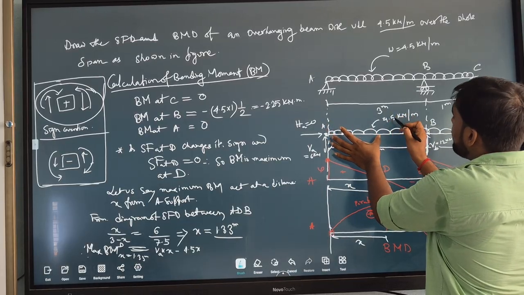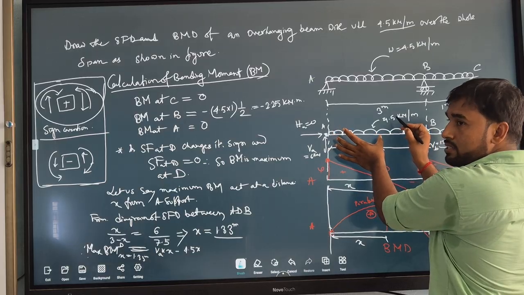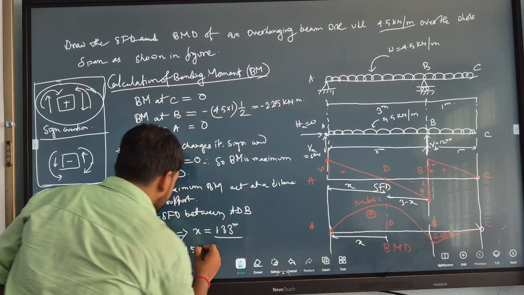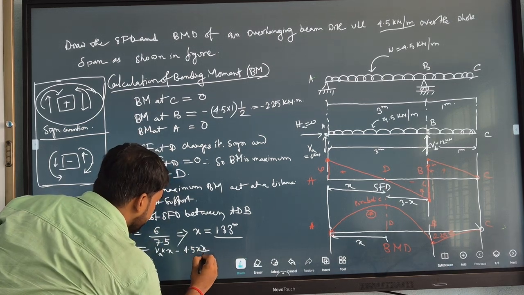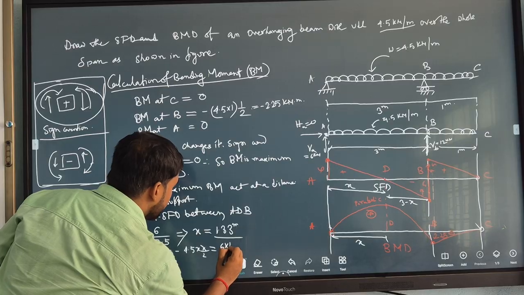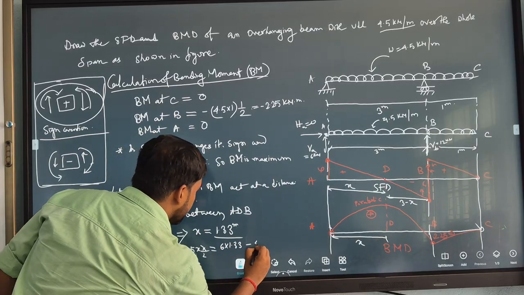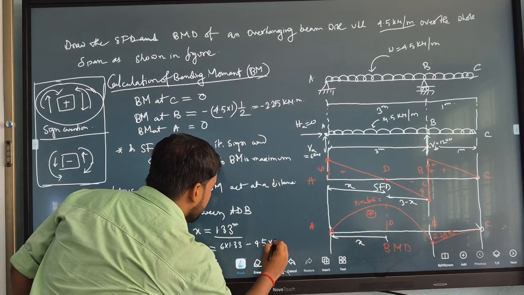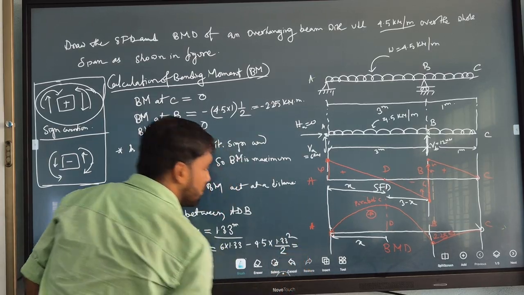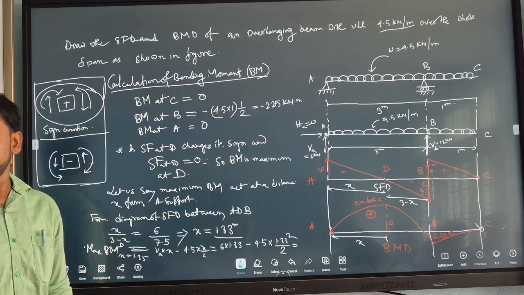So 4.5 UDL into distance x, and its CG is x by 2. Now calculate the value: 6x equals 1.33 minus 4.5 into 1.33 square by 2. How much? Please calculate.